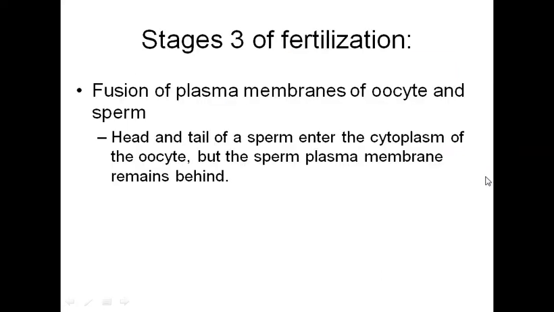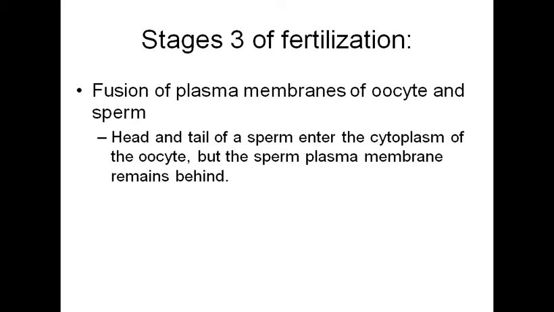Stage 3 is fusion of plasma membranes of oocyte and sperm. Now because the head membrane of sperm has disintegrated, उसका मटेरियल पूरा अब सामने रखा हुआ है. एंड यहाँ पे oocyte की एक मेम्ब्रेन है. अब ये वाली मेम्ब्रेन भी चली जाएगी. दोनों मेम्ब्रेन्स आपस में फ्यूज़ होकर ख़त्म हो जाएगी.